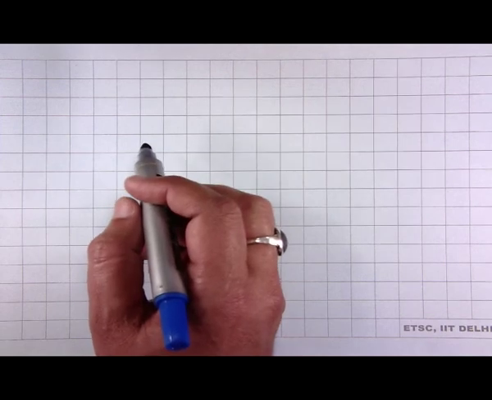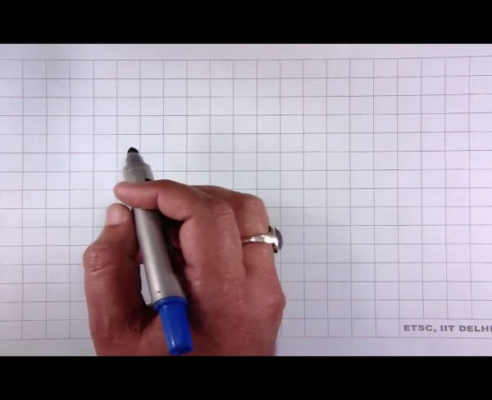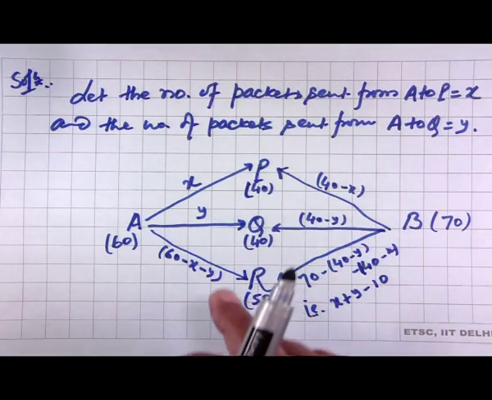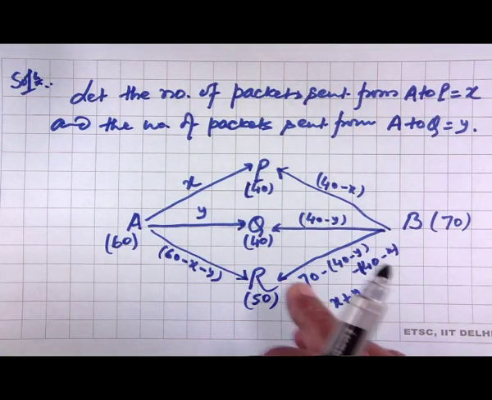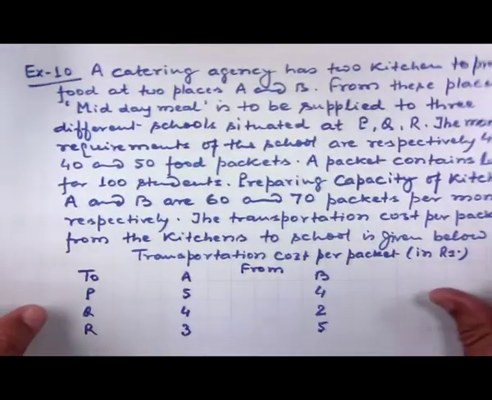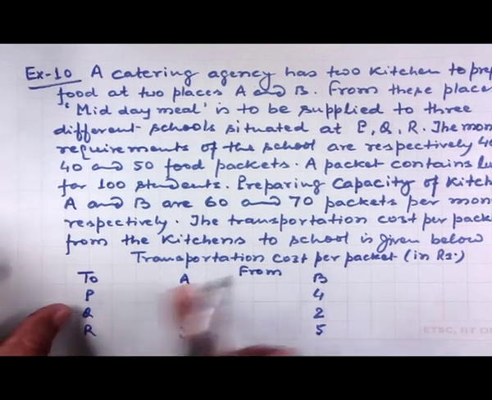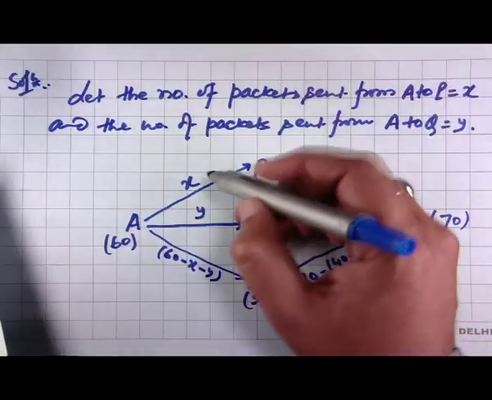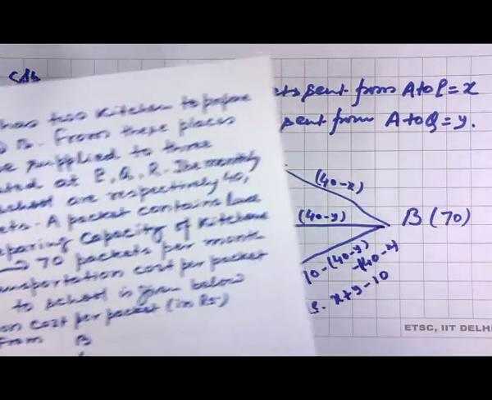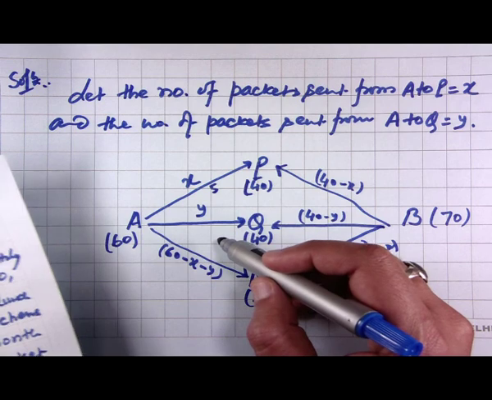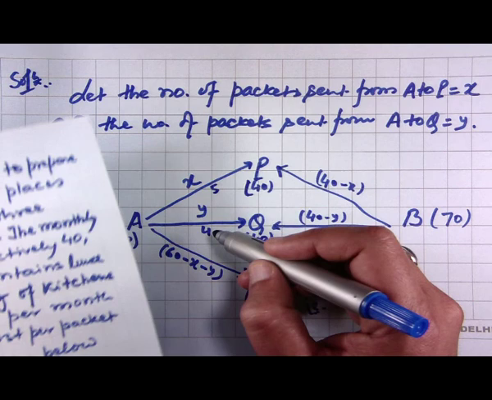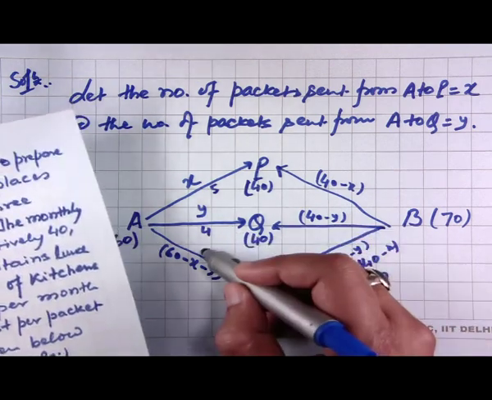Now the transportation cost is also given. From A to P is 5, from A to Q is 4, and from A to R is 3.